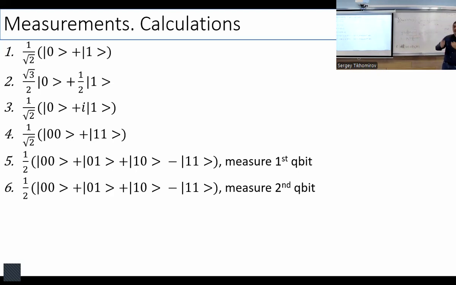If it was the second qubit, I should consider all the states where the second qubit is 0. This is the same if you change the order, but it is too hard to change orders, because here the change of the order doesn't change anything, and here the change of the order does change things.